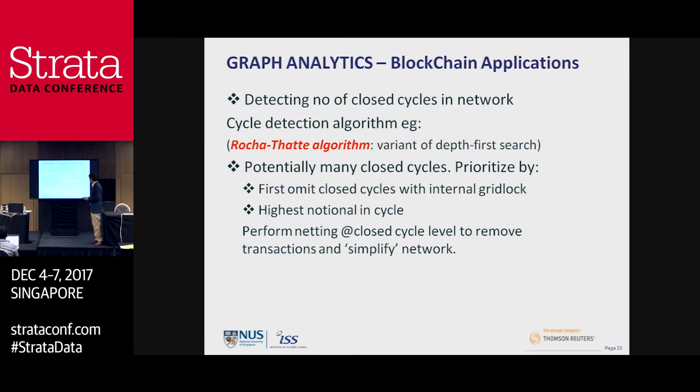It actually uses the algorithm Roca-Theta. It's a variant of the breadth first search.